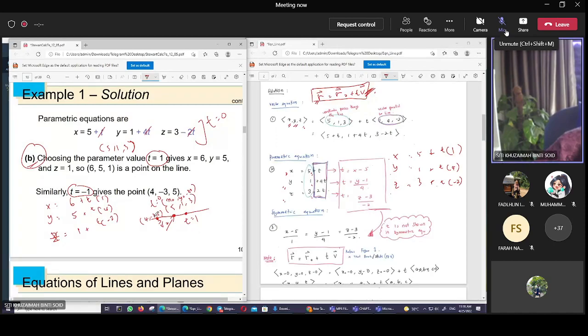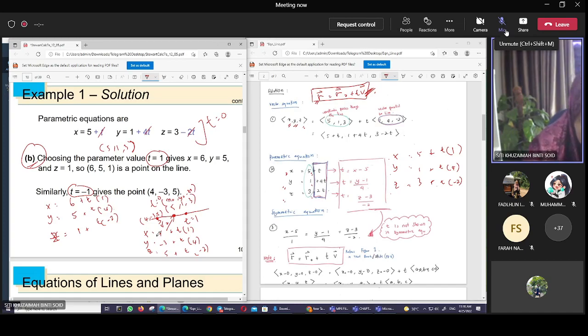This is another coordinate, so we can write another set of parametric equations. Actually not just parametric, if we turn back to vector form, we change it here: 4, negative 3, 5 plus t times the direction vector, which is the same for negative 2. But what we can see is there are 3 sets of parametric equations, and also 3 sets of vector equations.